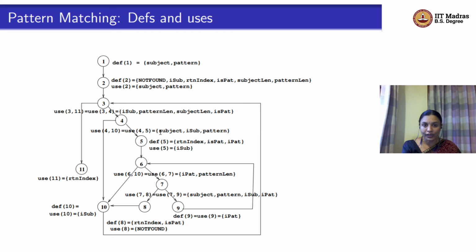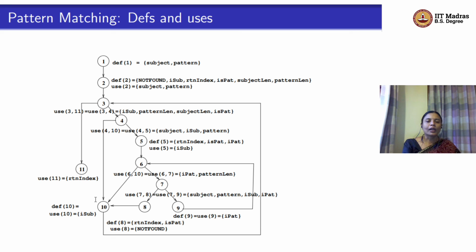So this is a du path: the path from node 1 to the edge 4, 5 is a du path for the variable subject. Similarly, the path from node 1 to the edge 4, 10 is a du path for the variable subject. Similarly, you can do for other things also.